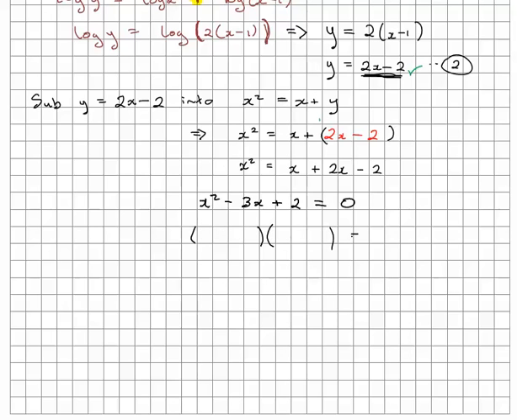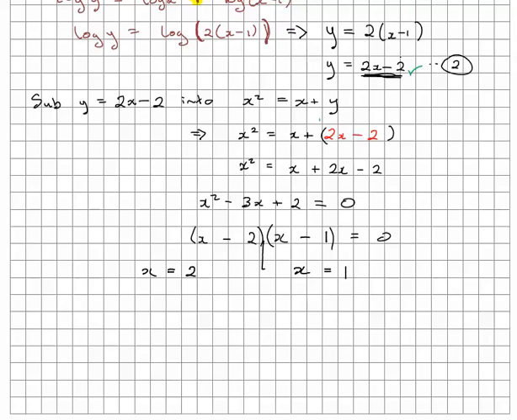X squared, so that's x times x. Now 2 and 1, the only factors there are 2 and 1, so looking at the negative in the middle, it must be negative 2 and negative 1. So in one world we have x equals 2, in the other world we have x equals 1.